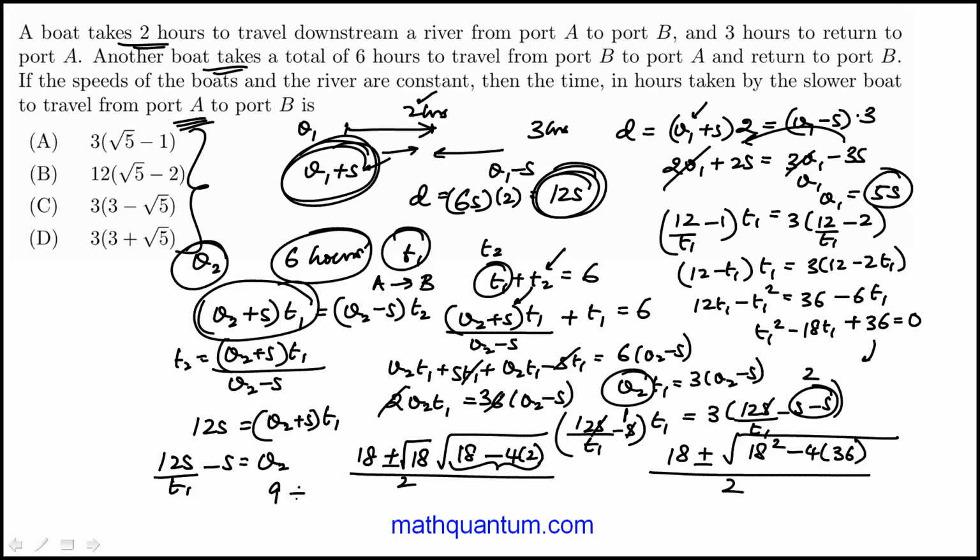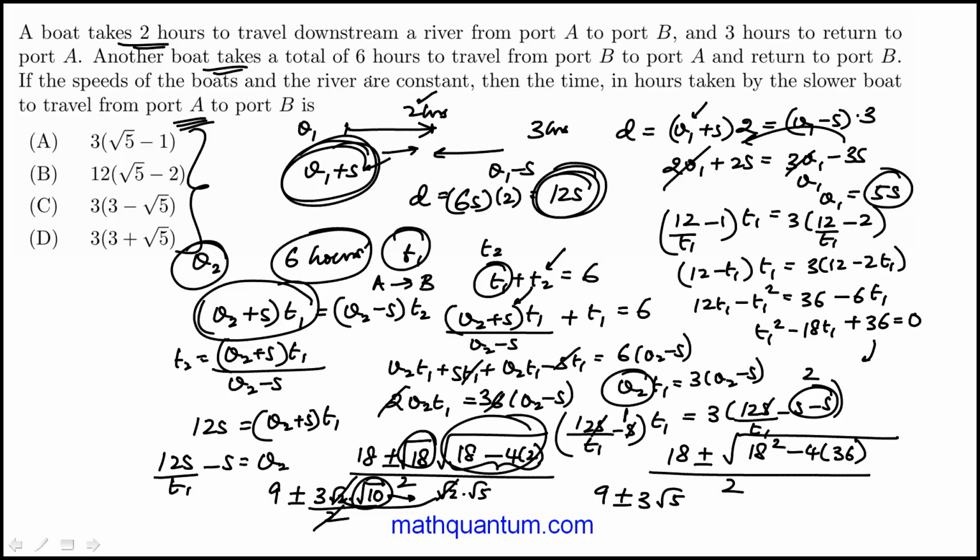So that becomes 9 plus or minus 3 root 2 times root 10 over 2. And since root 10 would be root 2 times root 5, and these two root 2's will give me a 2, so that gets knocked out, and I end up with 9 plus or minus 3 root 5.